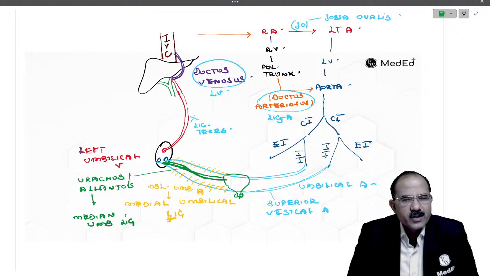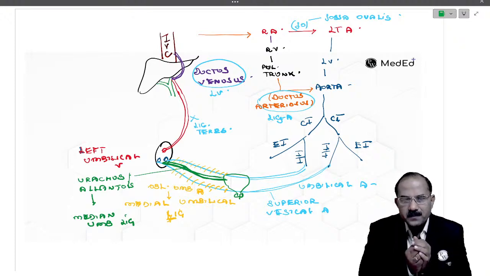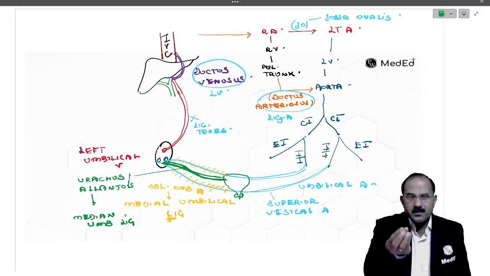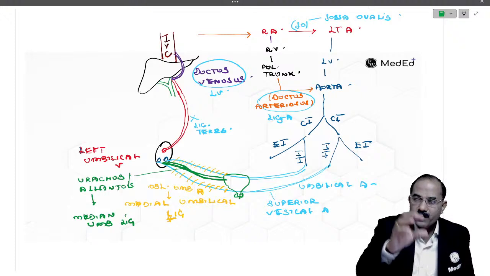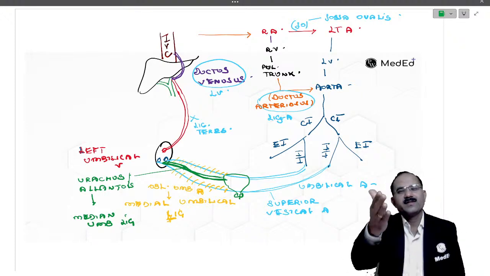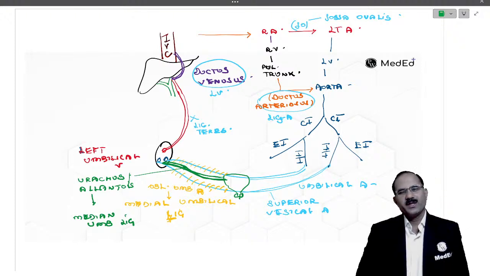A clinical MCQ comes like this. A small child is brought to the OPD. When the child cries, some straw colored fluid is seen coming out of the umbilicus. What do you feel is this defect? Yes, answer this. Surgeon, very good.